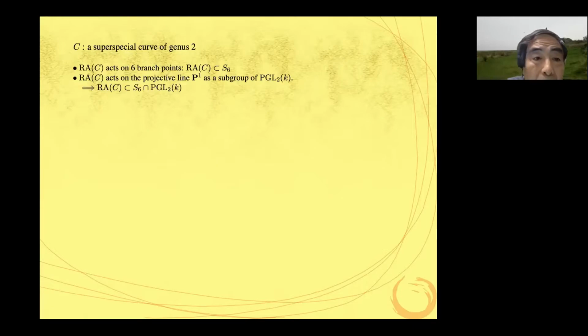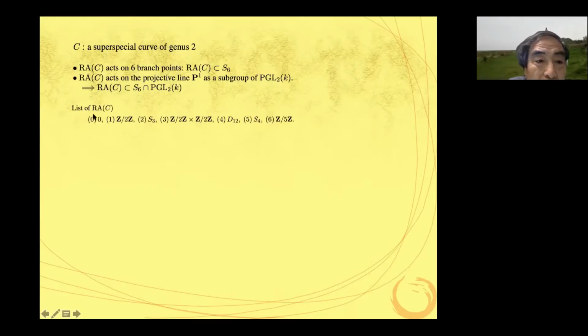Also, the reduced automorphism group acts on the projective line P1, so this is a subgroup of PGL2(K), the automorphisms of P1.